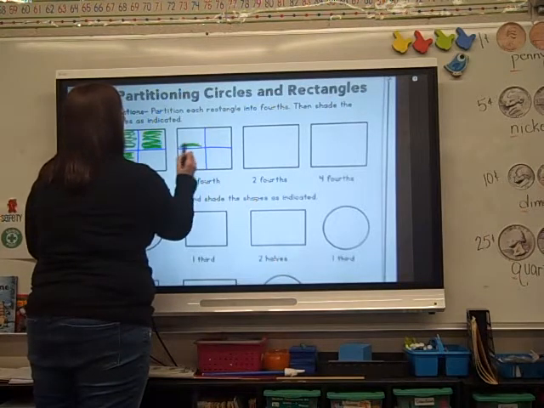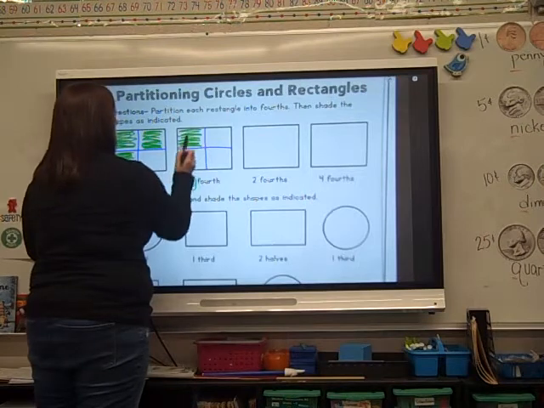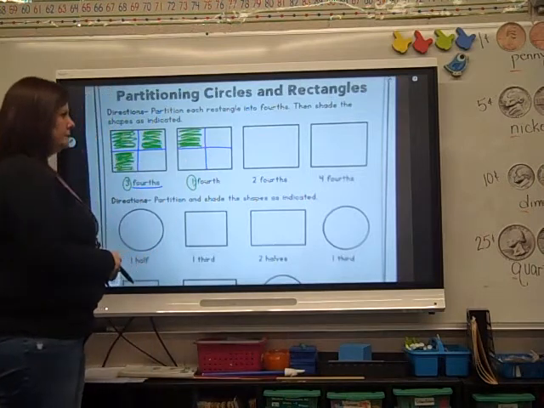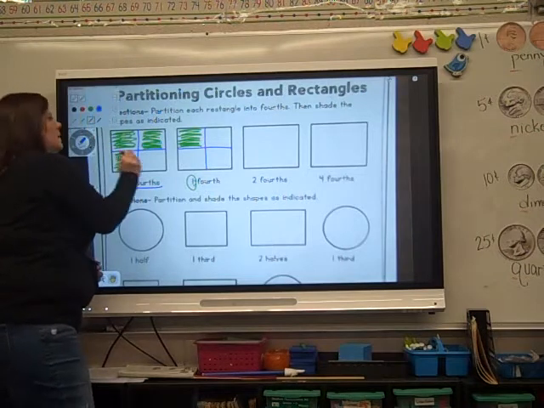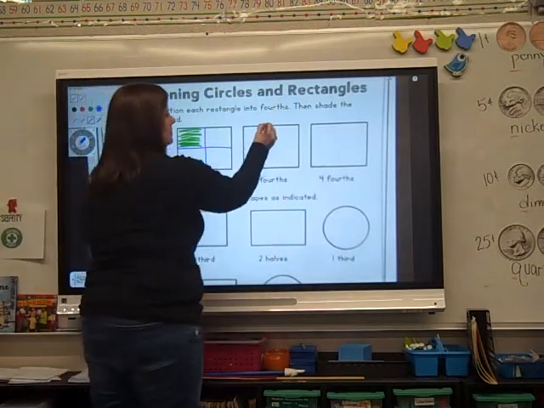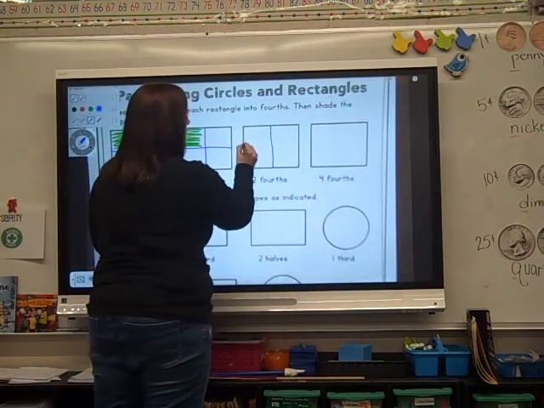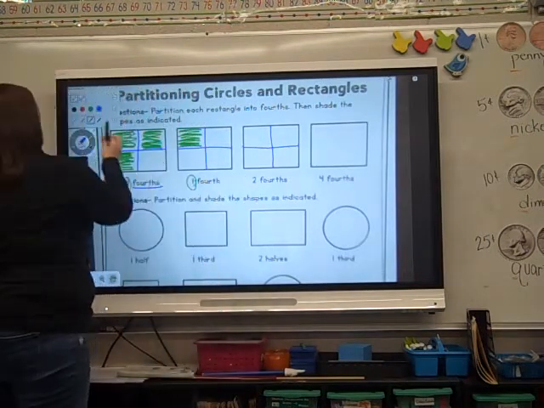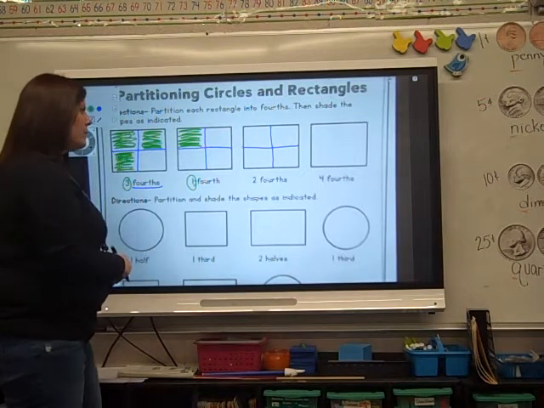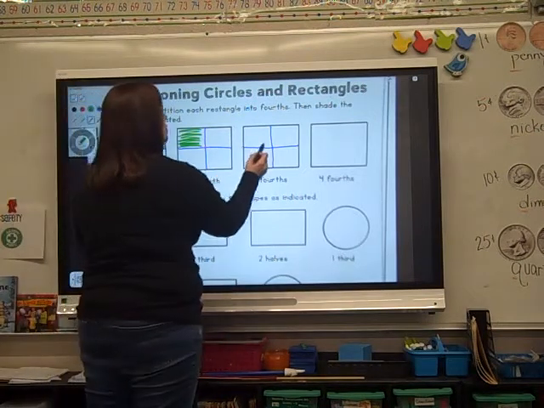Shade in 1 piece. All right. Cut it into 4ths. Cut it into 4 equal pieces. And this time, they want us to color 2/4. So color 2 pieces.